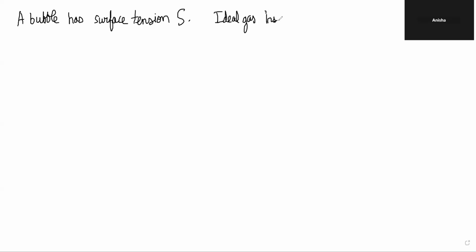Okay. So this is 2022. A bubble has surface tension S. Ideal gas inside the bubble has gamma is 5 by 3.